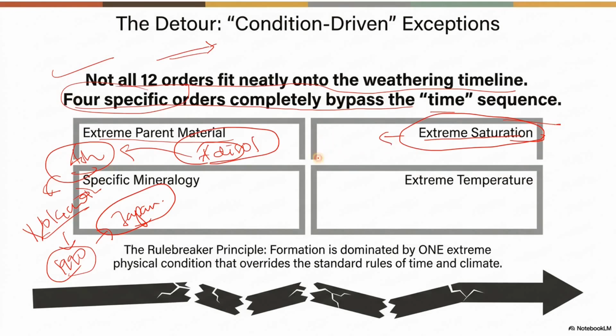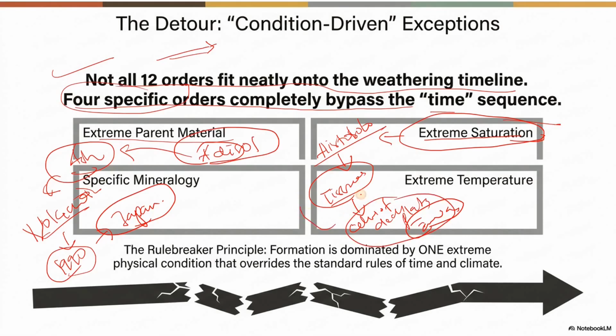Which soil are we referring to here? It is Histosol. Histo means tissue, the accumulation of cells of dead plants and animals, the microorganisms. This soil is formed this way.